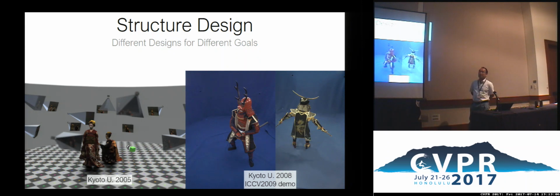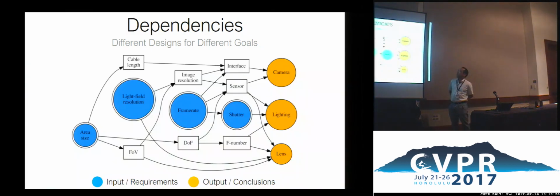And in fact, the design of the multi-view camera system. After that, they asked me, why don't you move from Kyoto to Carnegie Mellon University? So then I thought about the design, and you need to consider many components, because you have a scenario.